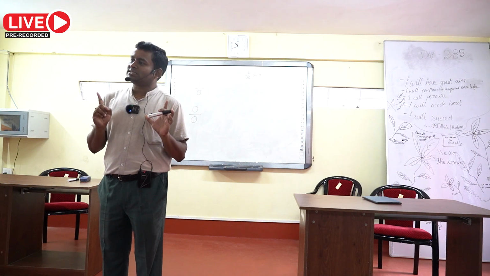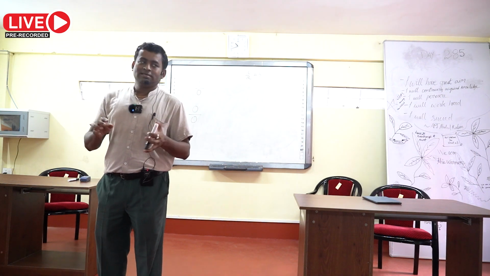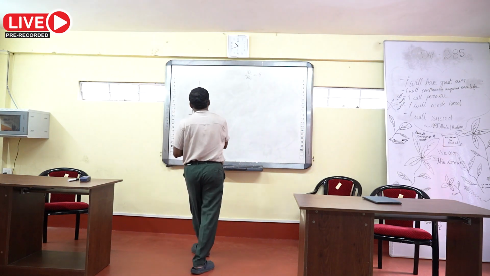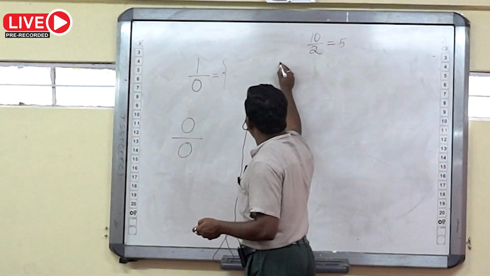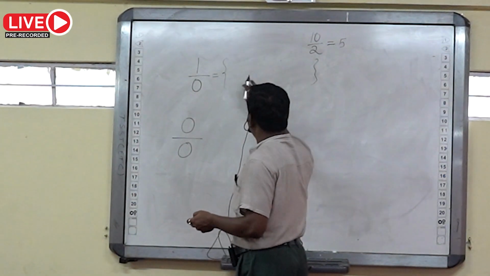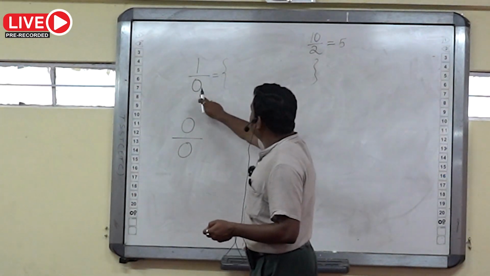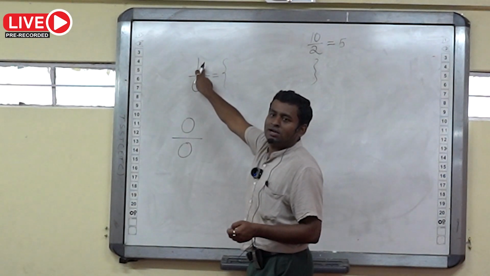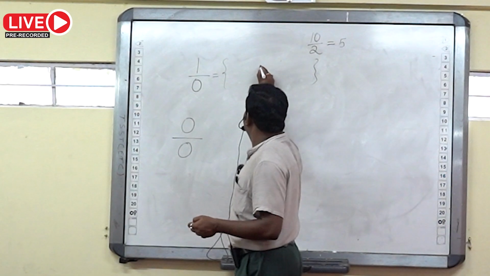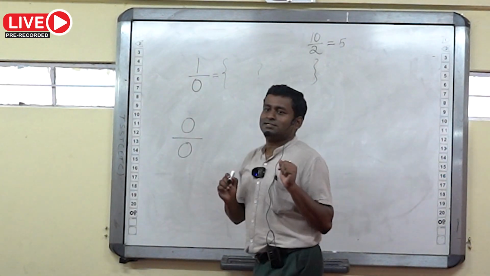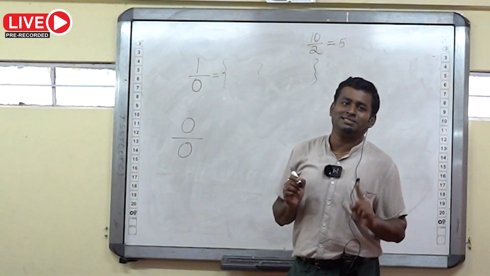So in both cases, you are hungry. See the situation. Which number can we put here? Which number multiplied by 0 will produce 1? Is there any number? First case, you are inside a room and no food is there.